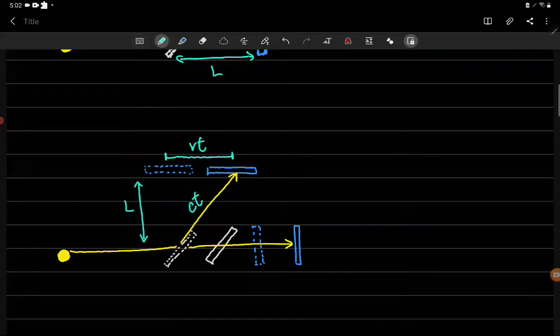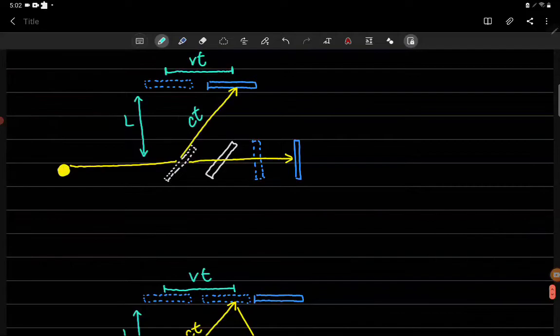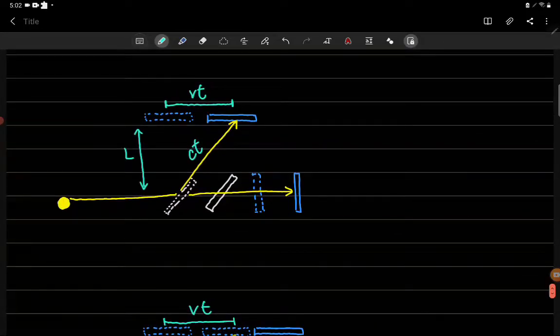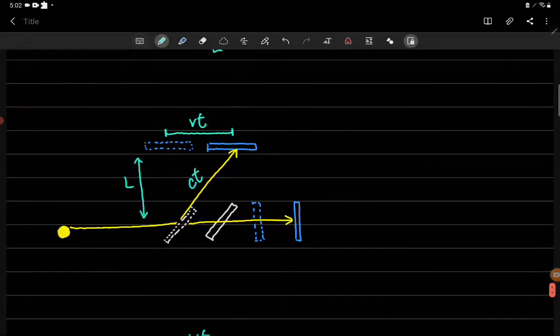ct. And so what you can see here is an application of Pythagoras. Let's call this t1, just to indicate that this is the first path here. So we have (vt1) all squared plus L squared is equal to (ct1) all squared.